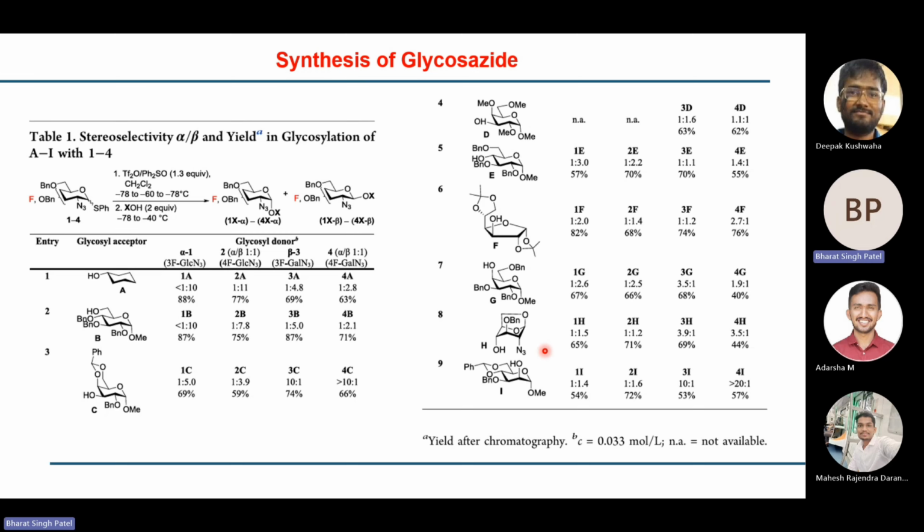Whatever alpha is forming in that intermediate, they are trapping with the acceptor itself, and whatever acid is generating, they are quenching with the base. They are claiming that whatever intermediate is forming, they are tracking with the acceptor. Just they are doing workup and recording.